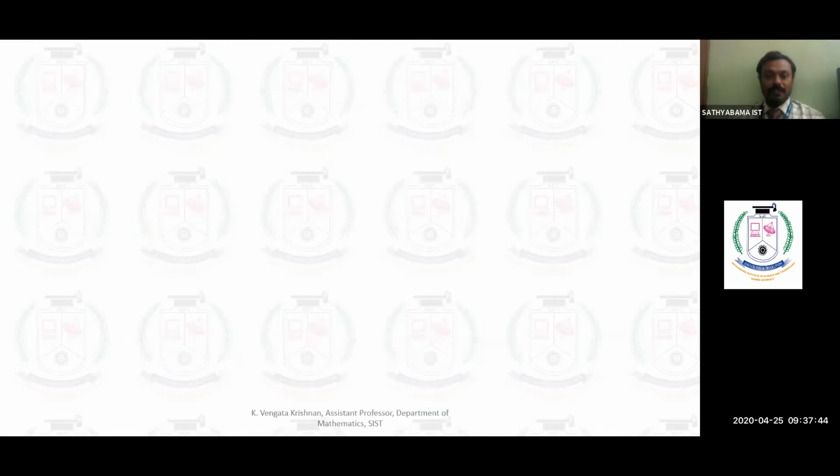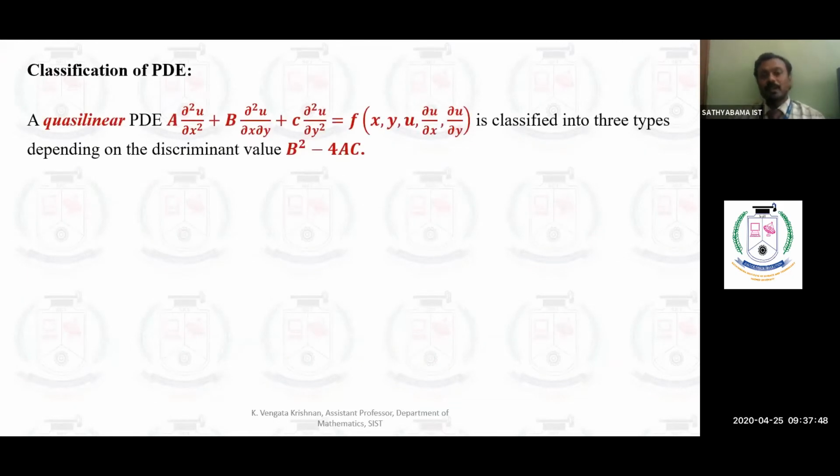Now let's define what we mean by a quasi-linear differential equation. Suppose the terms contributing to the order of the differential equation are of degree 1, and the rest of the terms may be of any degree. Such differential equations are called quasi-linear differential equations.